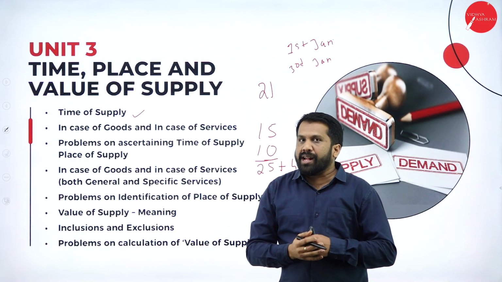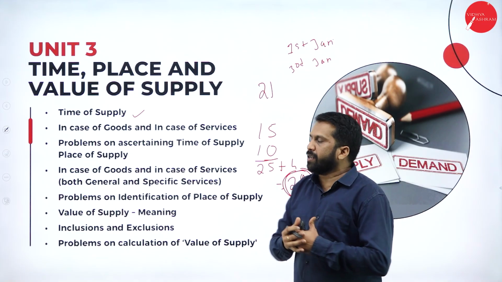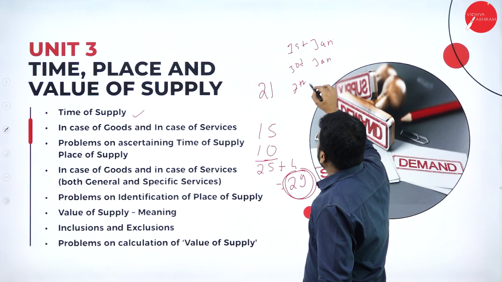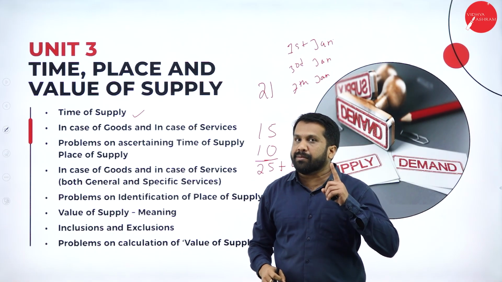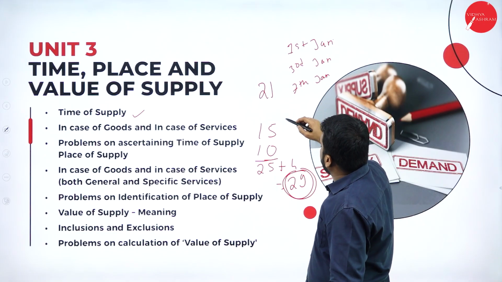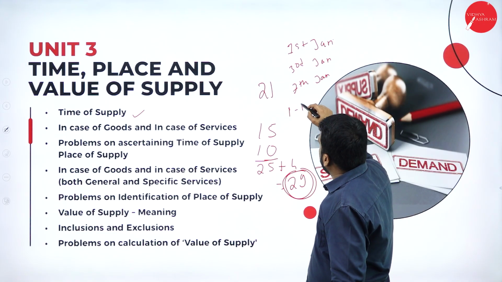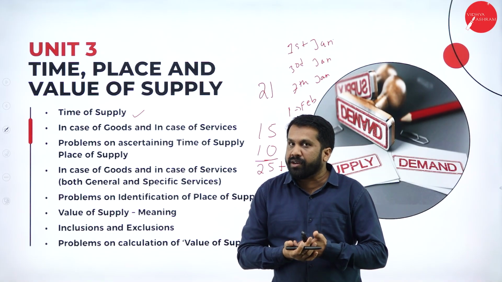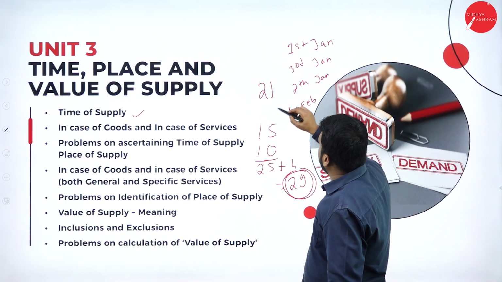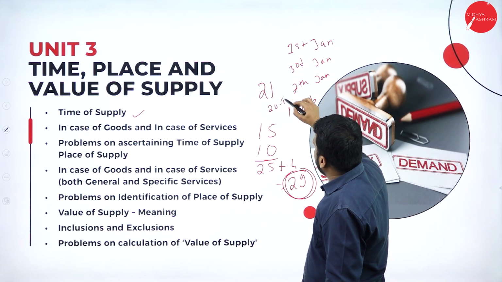At that time, you don't have stock. When will you send? On 7th January. For payment, I have taken 1 month's time, so the payment will be made on 1st February. And for the payment you should give me an invoice. That is done on 20th January.